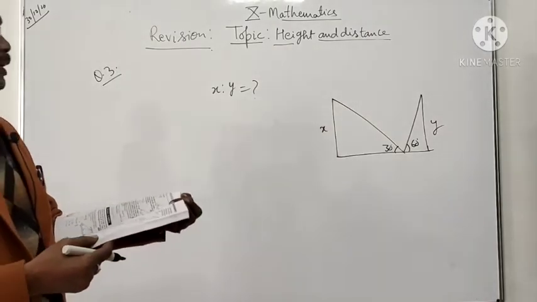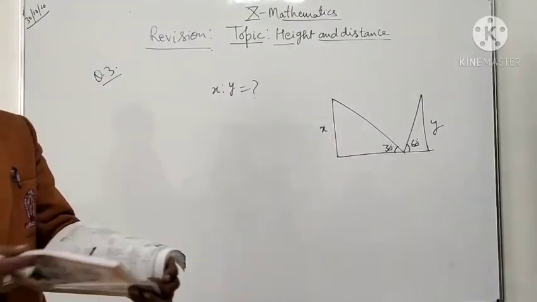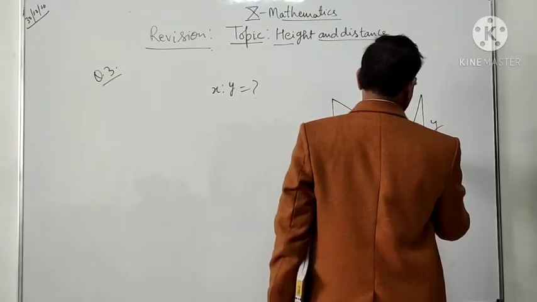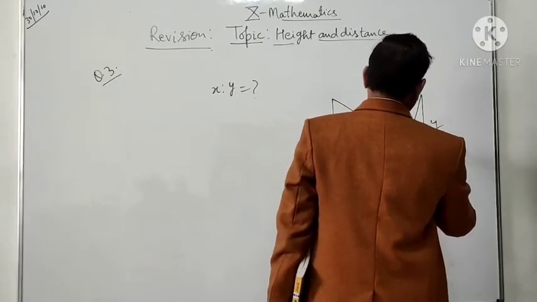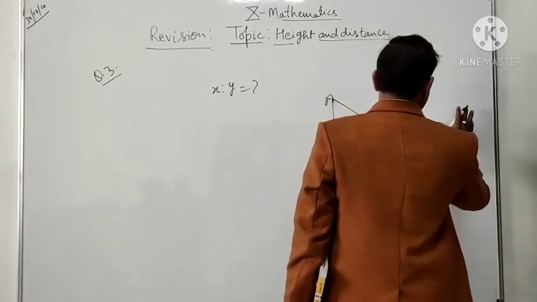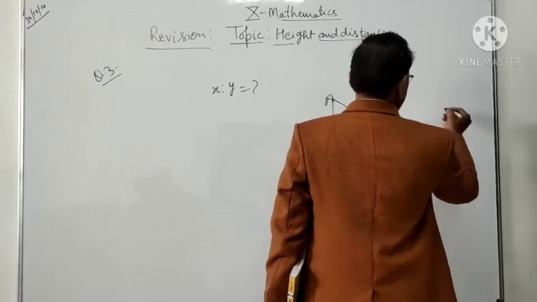So that is at the center. Student, this point is the center. It is the midpoint. It is AB. It is CD.